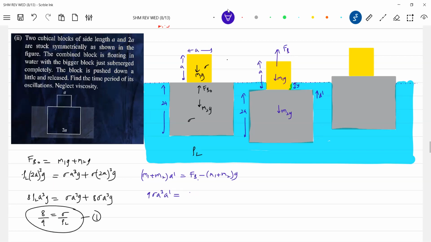What is there in that one? Additional buoyant force will be rho L, you can write directly in exam. Rho L 2A cube g minus (M1 plus M2) g. This will become FB naught.